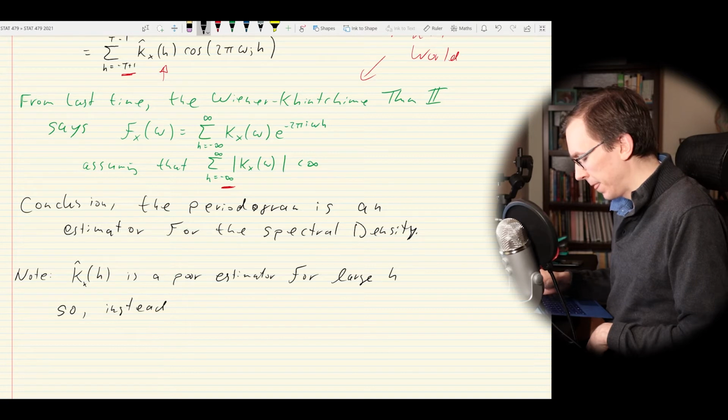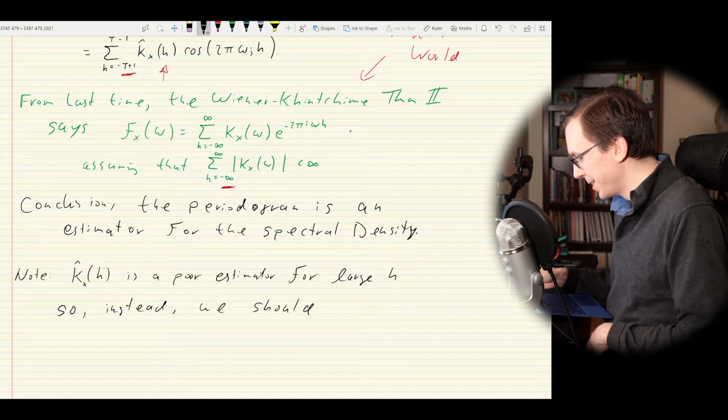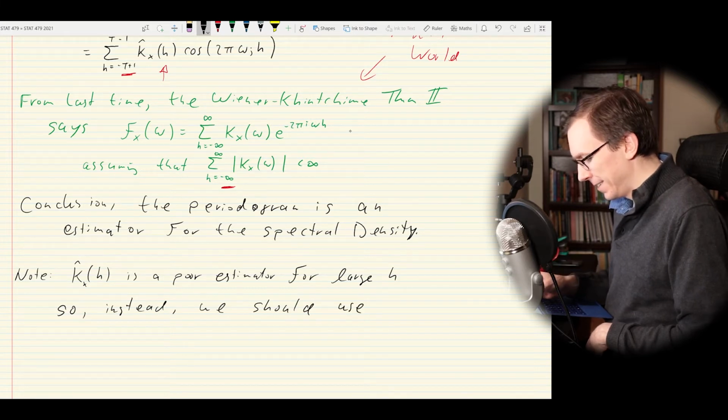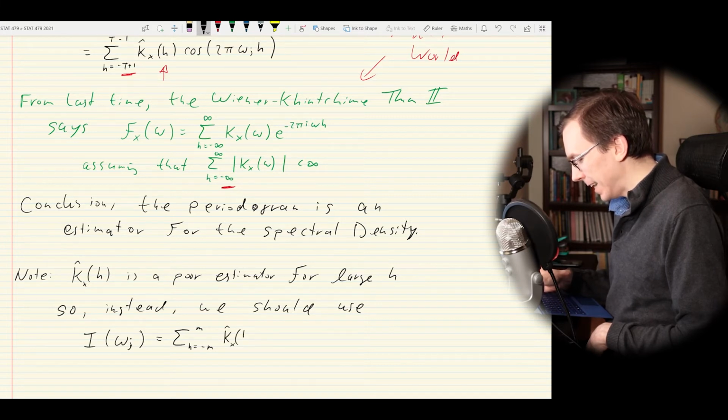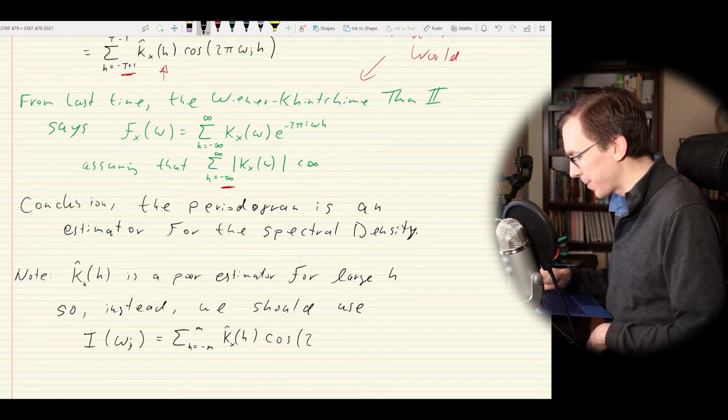So instead, we should use our periodogram, omega j, I guess it was that I was using. Yes, omega j is going to be the sum, in this case, h from, let's say, minus m to plus m of k hat x h cosine. I'll just do the cosine version because it's the one at the top of the screen, but I could also write the complex exponential if I wanted to.